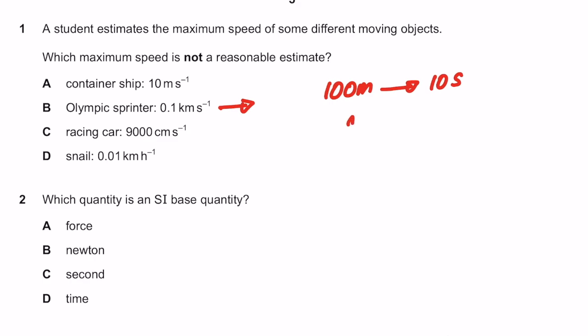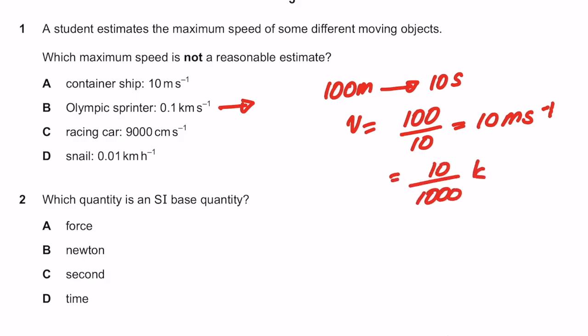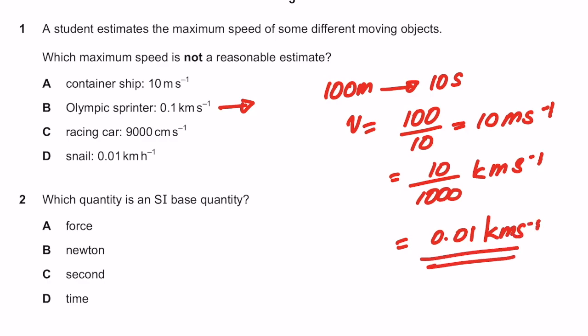So average speed is 100 divided by 10, which is 10 meters per second. Or if I divide this number from 1000, you can write the same number in kilometers per second, which comes to 0.01 kilometers per second. Now if you look at this number, this is 10 times larger than the accepted number, right? So this is impossible.